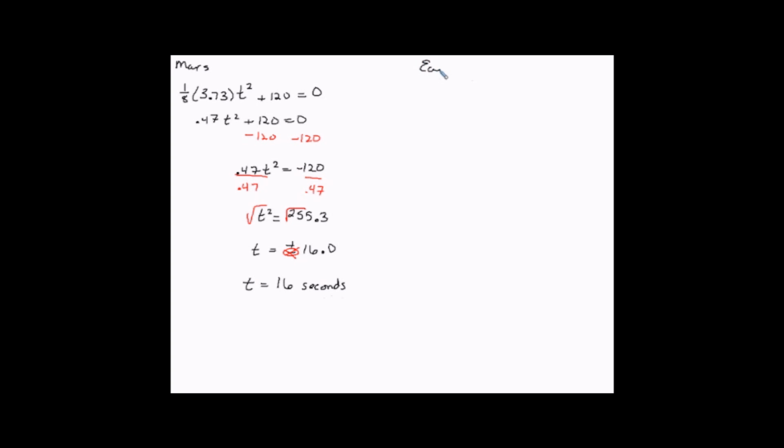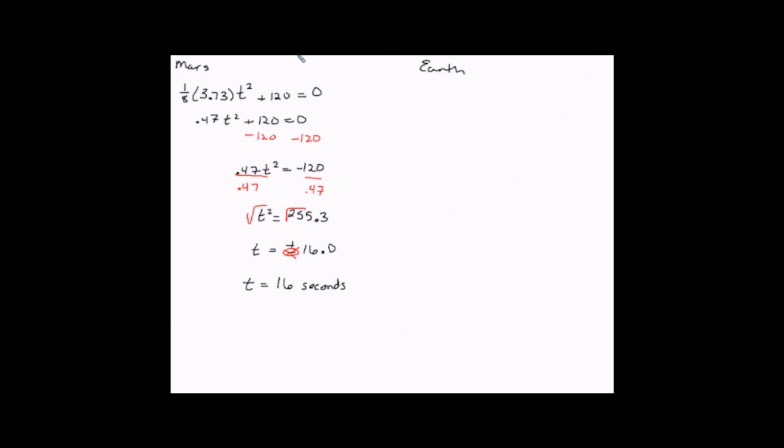Now on Earth, let's write that down. So Mars, 16.0 seconds. Earth has a 9.8 meters per second gravity.